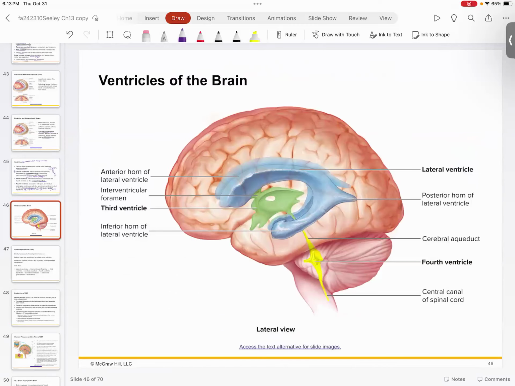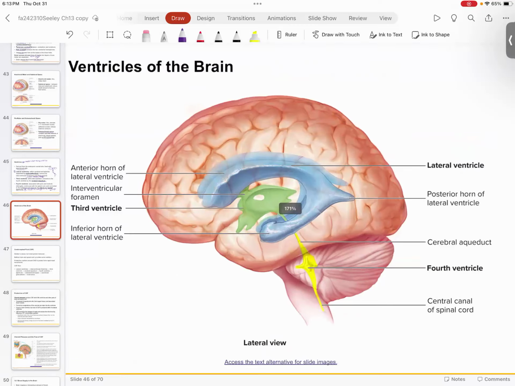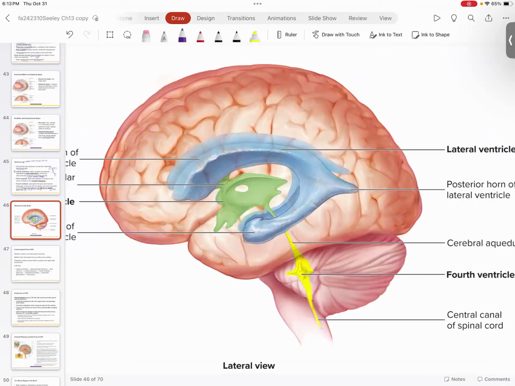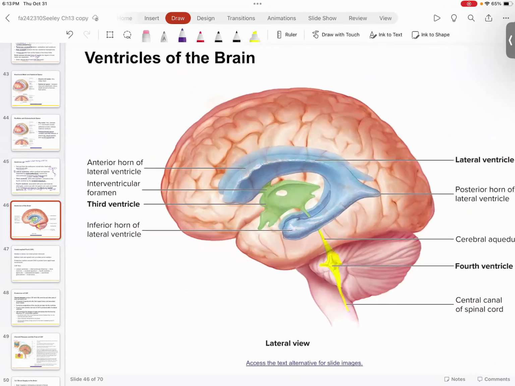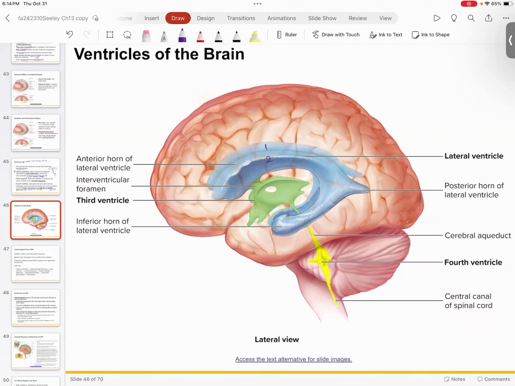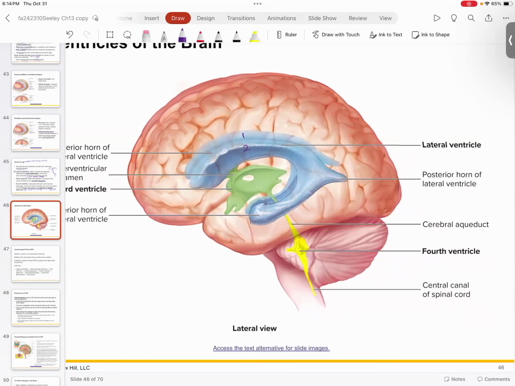So this is kind of what it looks like. The ram's horns, the blue ones, this is going to be the first and the second, right? So these are the anterior horns of the lateral ventricles. The first one is up here. Next to it is the second lateral ventricle. And they're connected by the interventricular foramen.